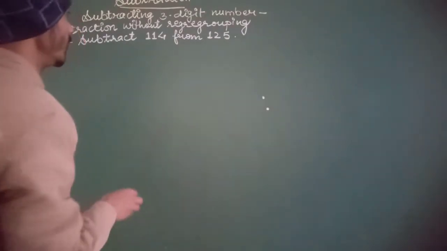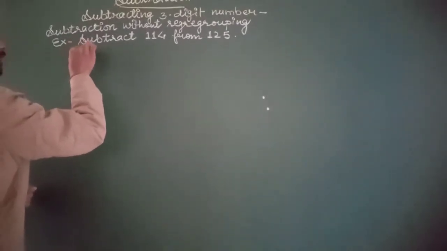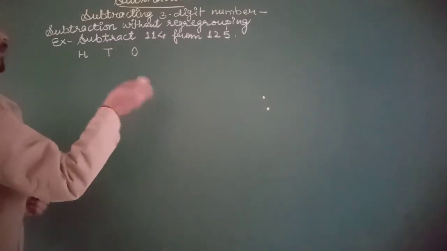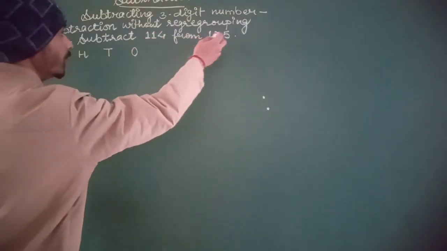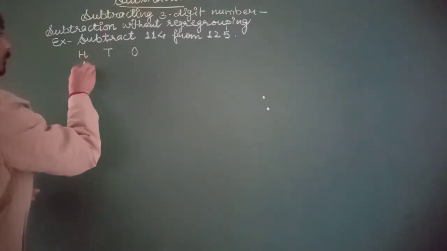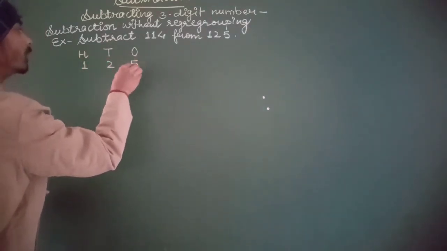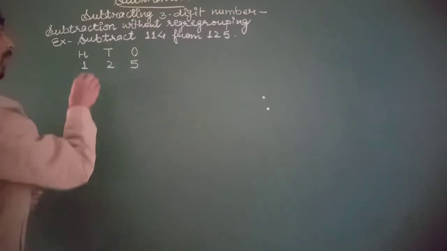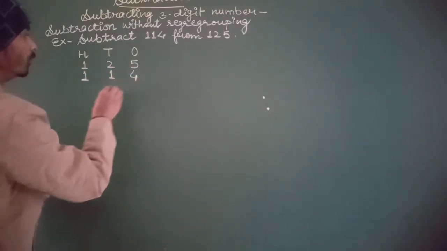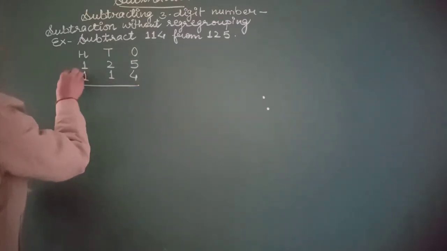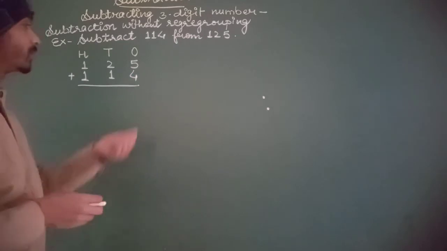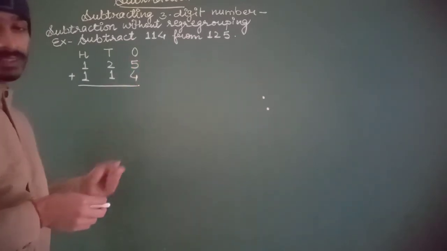When we write in columns, that is hundreds, tens and ones, we have to subtract 114 from 125. We have to write the bigger number on the upper side, and the smaller number on the downward side. Firstly we have to subtract the ones.